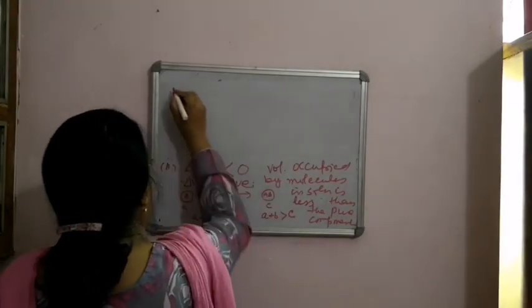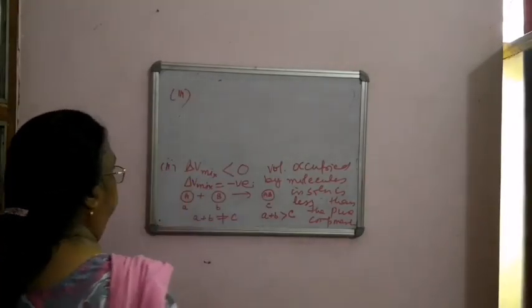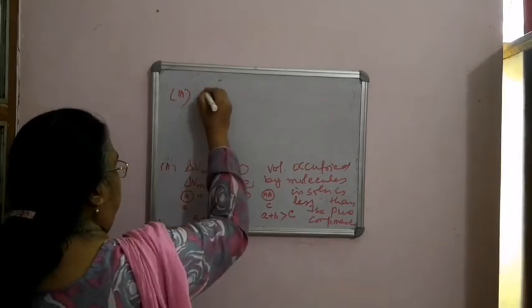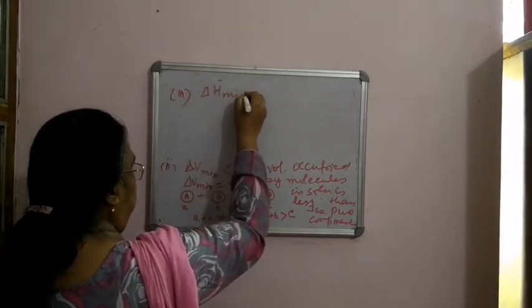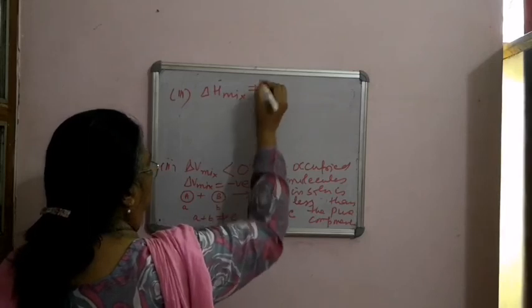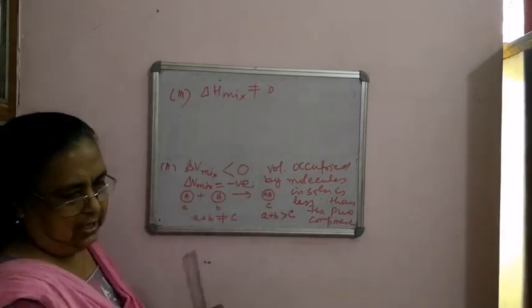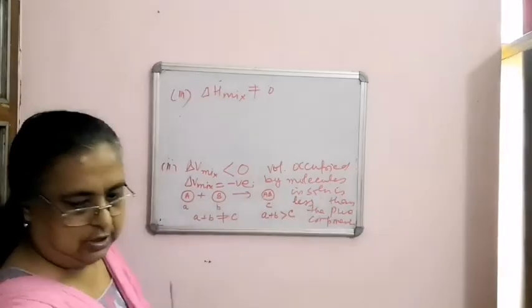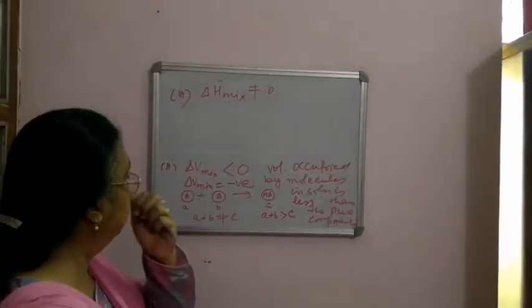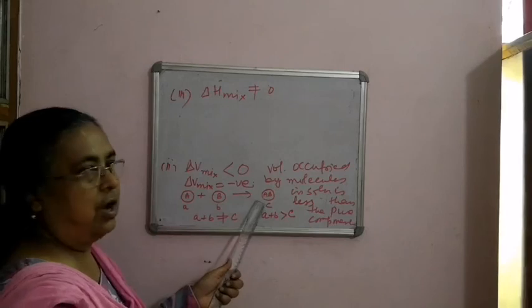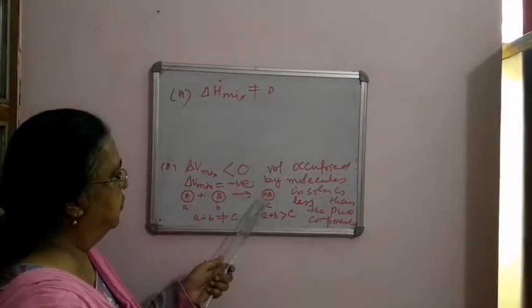Now the third point. What is the third point? Delta H mixing will not be equal to 0. So what is that? Again, the molecules in solution are close together, so they have strong interaction forces.